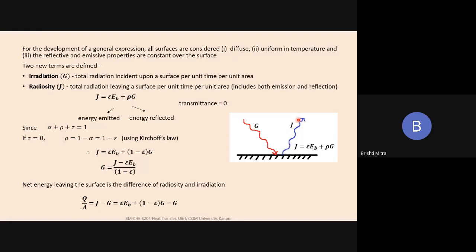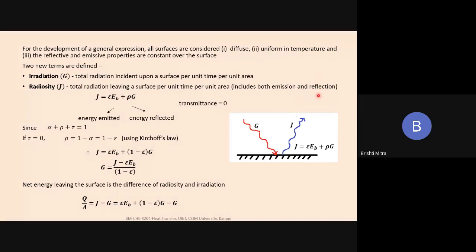And each body, because of its inherent temperature, will emit radiation. So the radiation which leaves the surface has two parts. One is due to the emission, due to the inherent temperature of the body, and the second one is reflection.